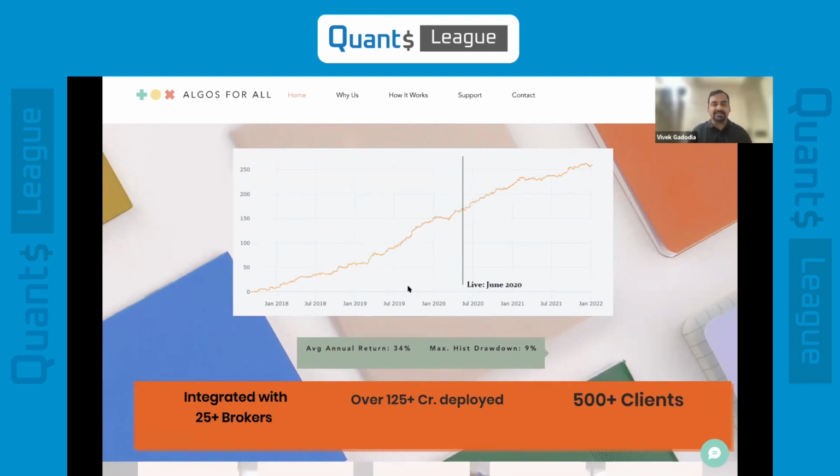Now, some caveats. This average annual return of 34% is historical. In the real world, performance may depend on things like how well you're executing, whether the account is consistently funded well, and whether there were any issues with margin shortfall, because you're taking margin against stocks.